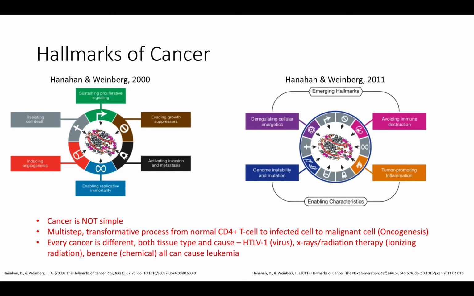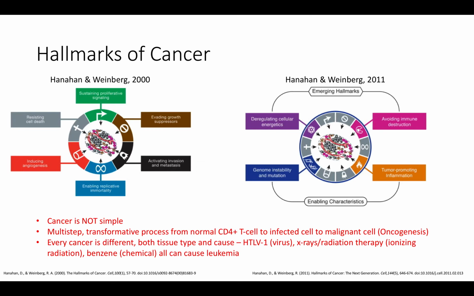And as seen in the slide, there are 10 hallmarks that the oncologists Hanahan and Weinberg have described, but the chief takeaway, the principal takeaway that I want the class to take away from is that there are various cellular processes that go wrong when a cell becomes malignant.